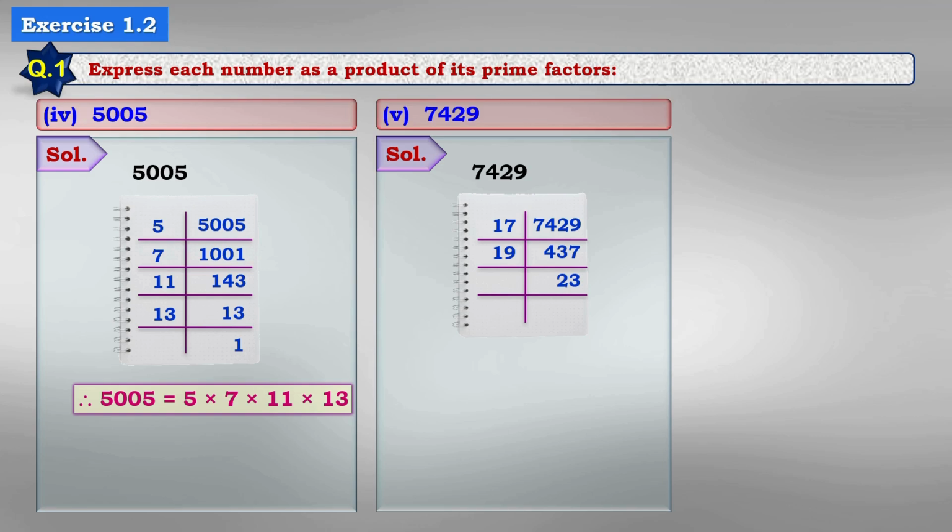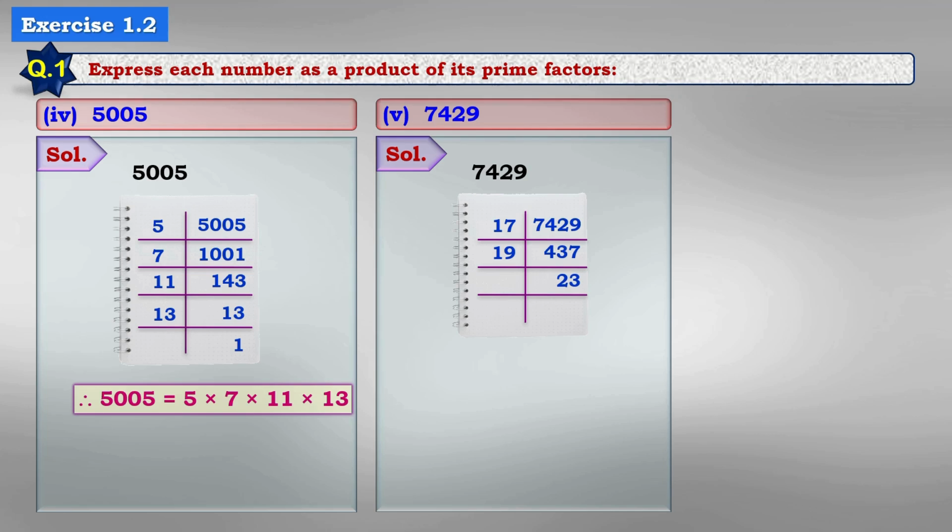In the previous example, 5005, if you take a look, there is 1001. So 1 is there in the unit place. So first you try, because you have to find the prime numbers which give 1 in the unit place. If you multiply with any number, 3 first you need to try. Since 3 is not dividing, 5 will definitely not go. Then try with 7. So that is fine.